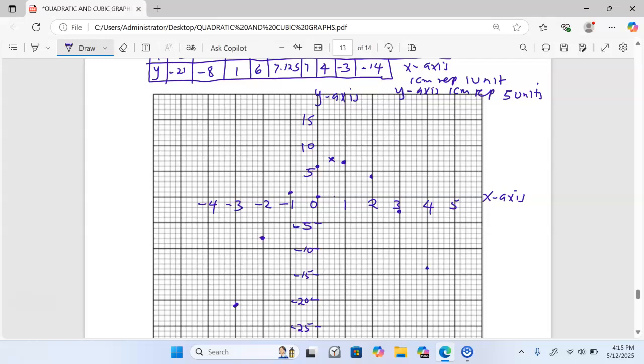Now we can join all the points that we have plotted to get our curve.